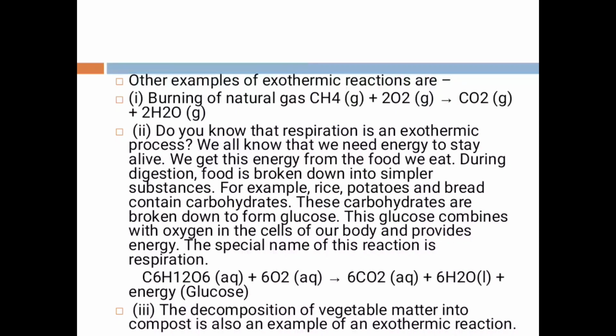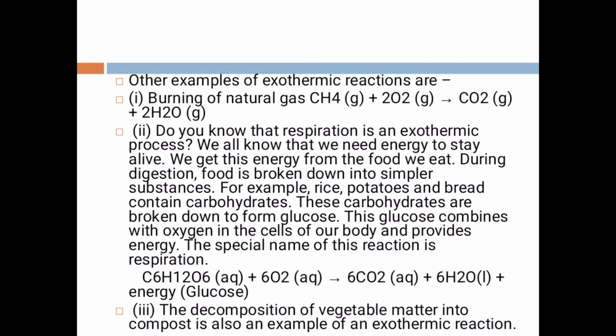And another very important example of an exothermic process is the process of respiration. Now what happens is that our body needs energy to perform its functions. Now where does this energy come from? Whenever we eat our food, suppose we consider food items like rice, potatoes and breads, etc., which consist of carbohydrates. Our system will break down these carbohydrates into simpler substances to give rise to a product called glucose.